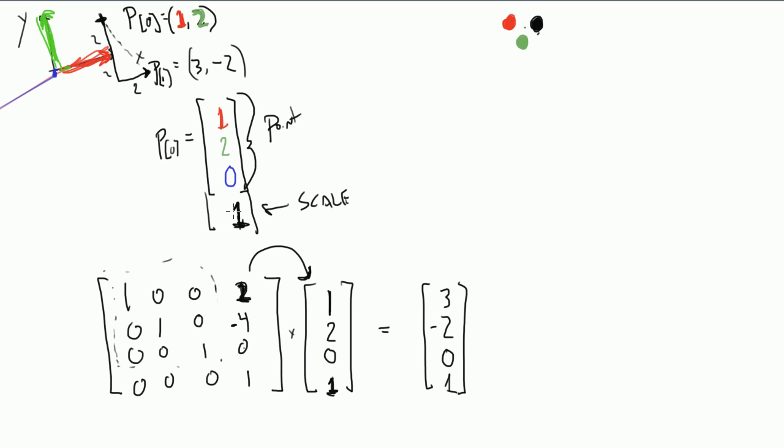We can just do the first one before I end this video. It would be 1 times 1 is 1, plus 0 times 2 is 0, plus 0 times 0 is 0, plus 1 times 2 is 3. When you add the 1 and then the 2, you get 3. The second row: 1 times 0 is 0, 2 times 1 is 2, 0 times 0 is 0, and minus 4 times 1 is minus 4, so you get the minus 2.